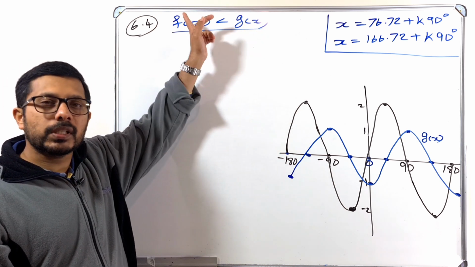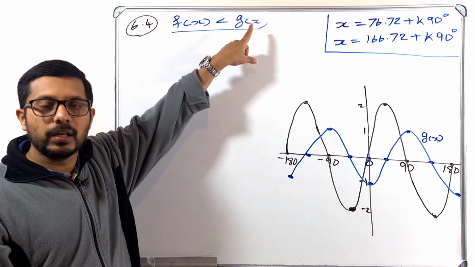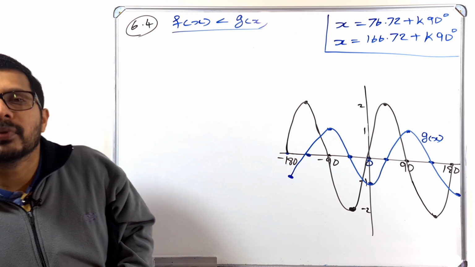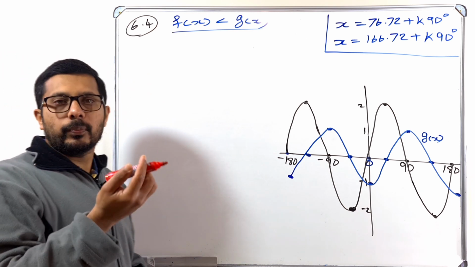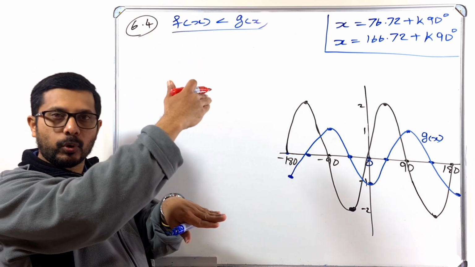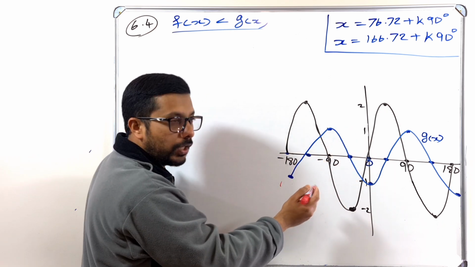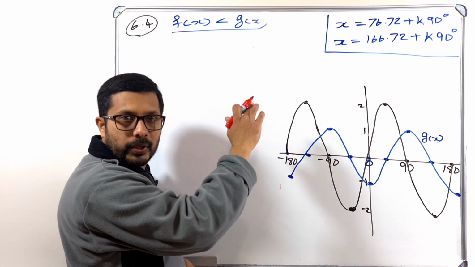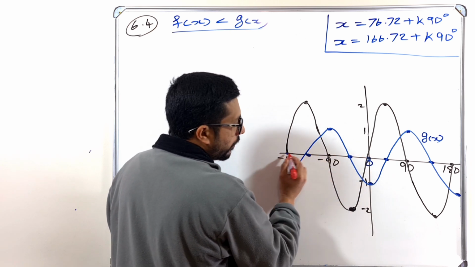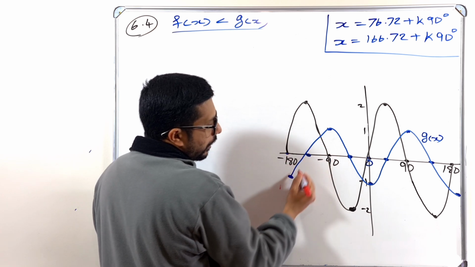That means the g of x graph must be on top and f of x at the bottom. This blue graph is our g of x graph, so the blue graph must be on top. The blue graph is from minus 180 to 0. So here we can see which graph is on top.